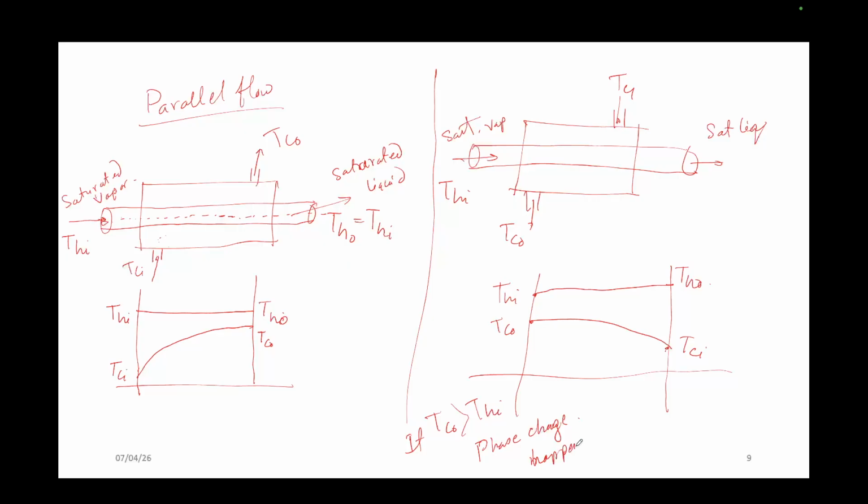Is it clear? Yes, the boiler is also the same phenomenon. So now you know that LMTD and NTU are for single phase. But if it is a two-phase case like the boiler, then these are the curved temperature profiles. So please remember this.